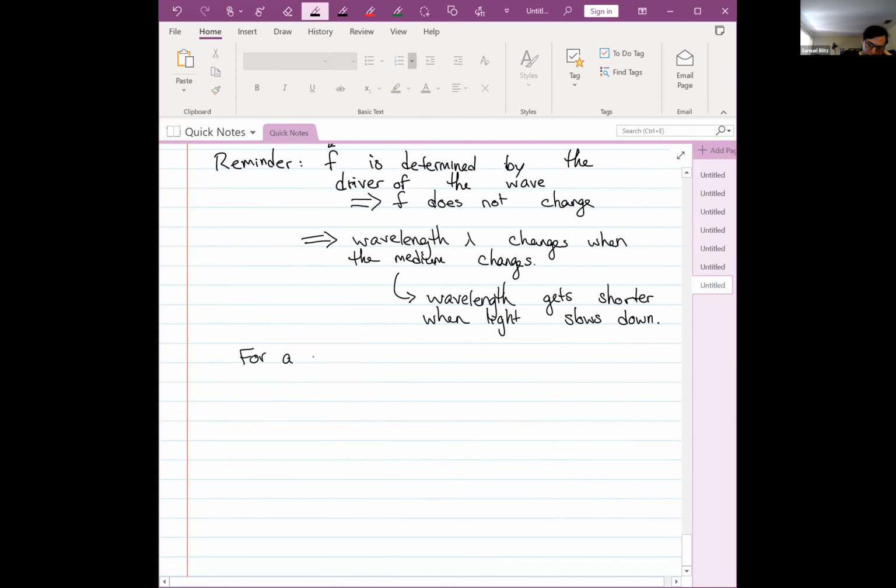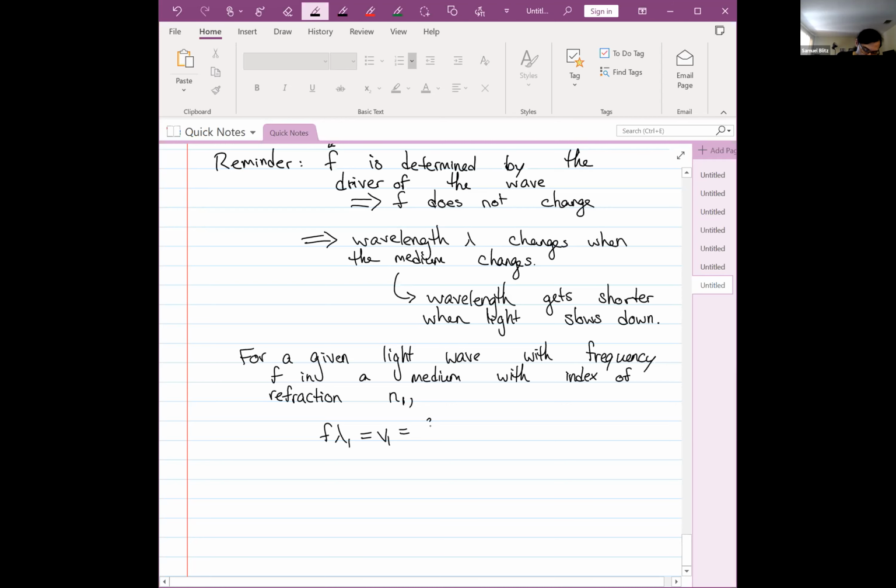For a given light wave with frequency f in a medium with index of refraction n1, we can write that f times lambda 1, the wavelength in that medium, should be equal to v1, and v1, we've already established, is c divided by n1.